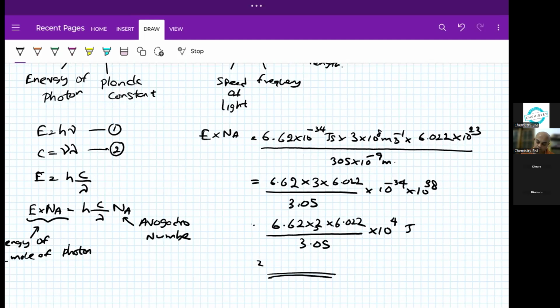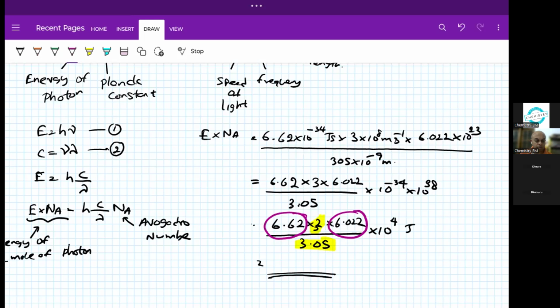If I do the math, you can do something like this. You can see this is also 3, this is also 3, right? So these two can be cancelled off. Then when you multiply these two, 6 into 6 means 36, so that is somewhere between 36 and 40.